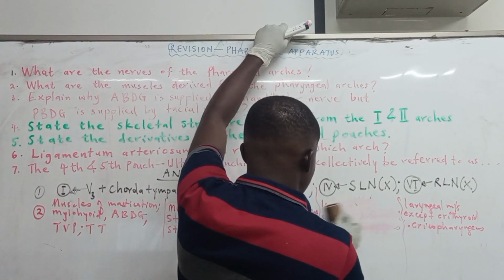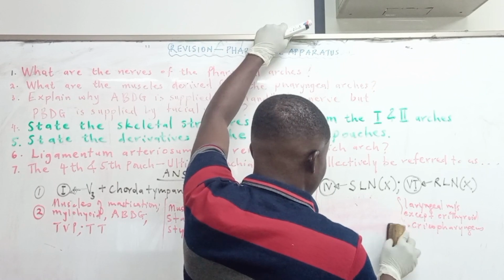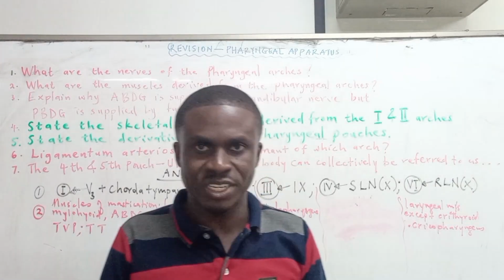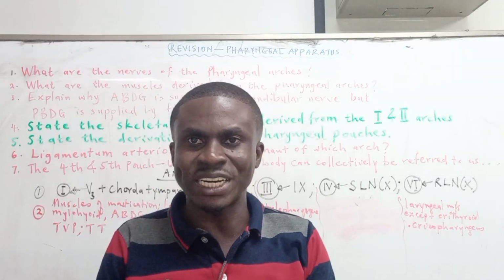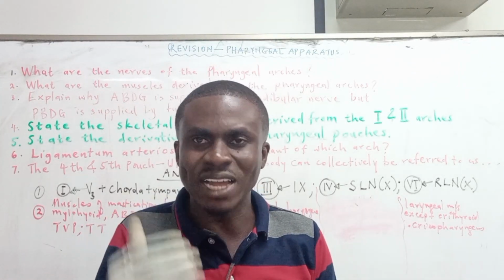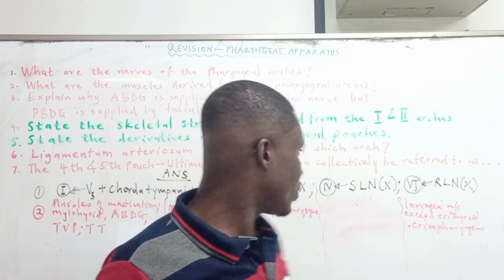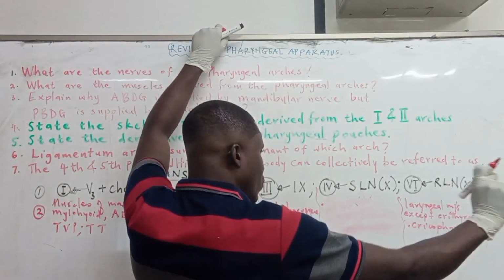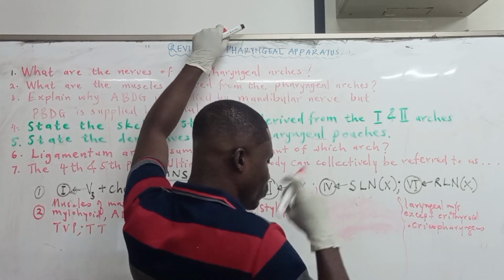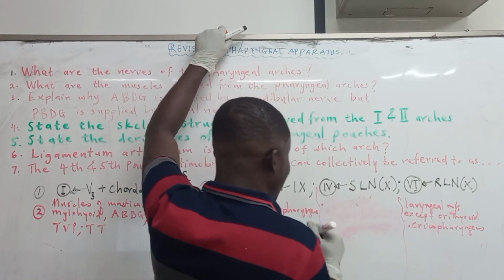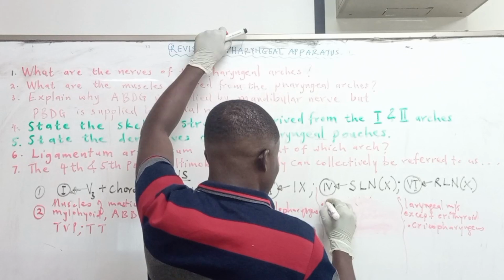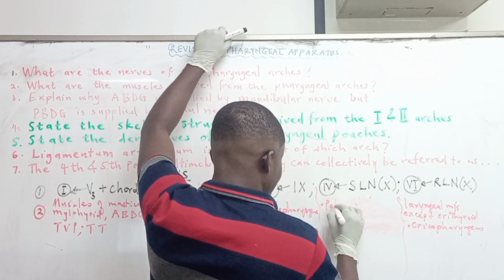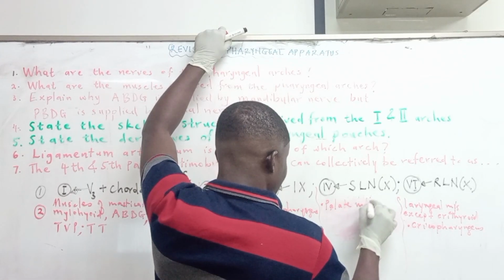Now let's clean this one from here. Because my friends, the superior pharyngeal nerve will contribute to the formation of the pharyngeal plexus, the vago-accessory complex we are talking about. For this reason, you put down over here that this one, the spinal accessory nerve through the vagus nerve by way of the superior pharyngeal nerve, will supply muscles of the palate.